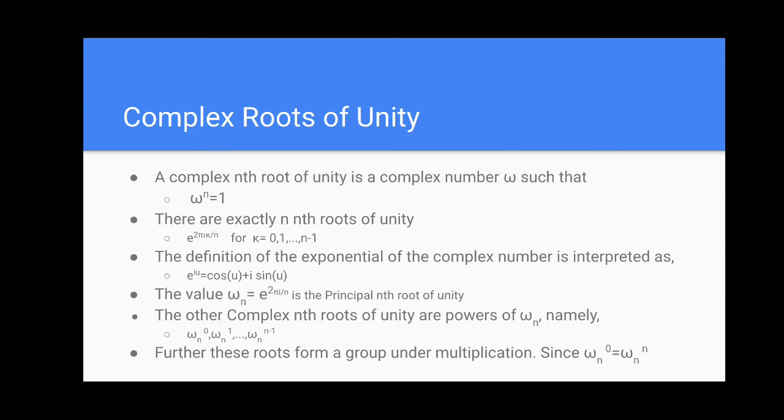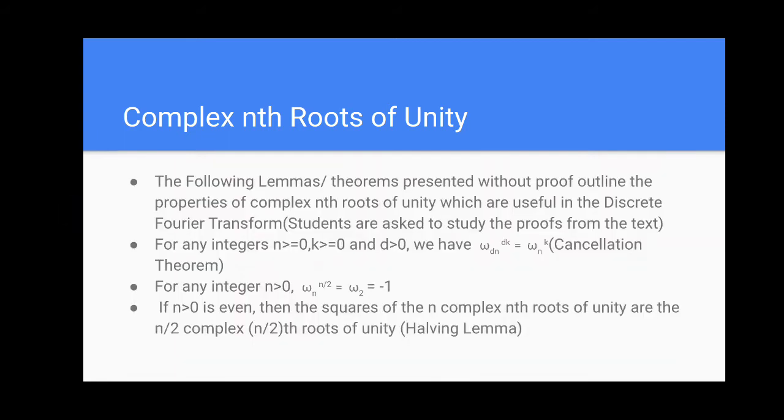Further, these roots form a group under multiplication since omega n to the power of 0 is equal to omega n to the power of n. This is a pictorial representation of the n complex nth roots of unity.